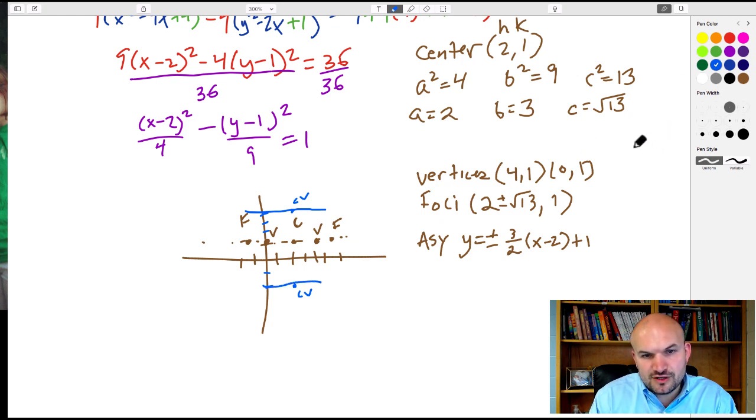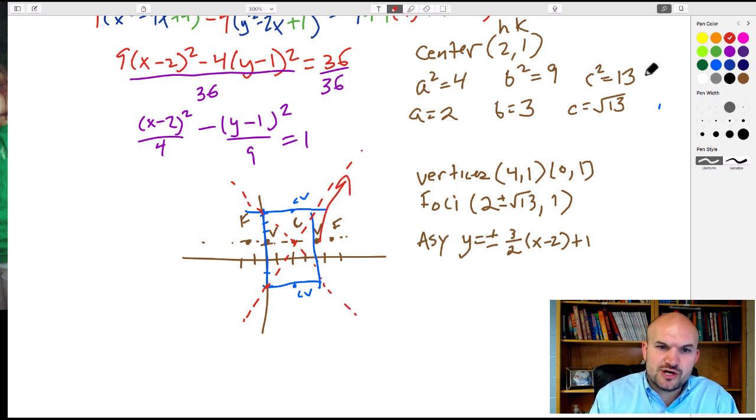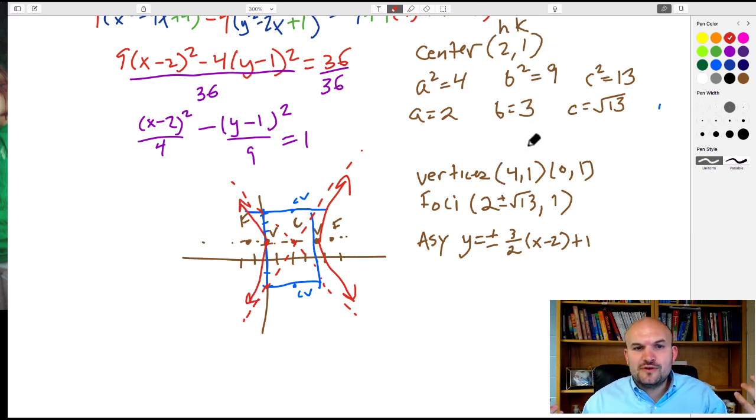And then I'm going to draw a vertical line through my vertices to now go ahead and draw my asymptotes, which are going to go through the corners of that box as well as through the center. And it's not the best in the world, but then hopefully we can draw our nice little hyperbola working just like that. Okay, so there you go, ladies and gentlemen.